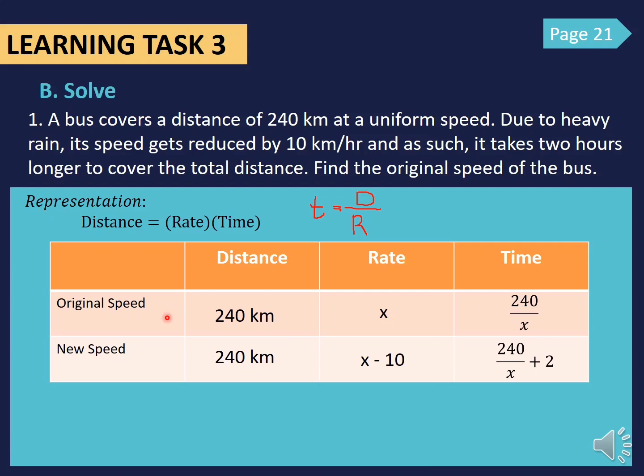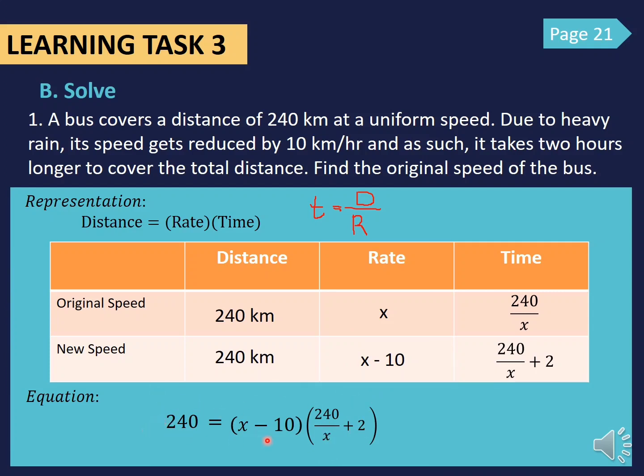Now, let us have our equation. To form an equation, of course, we have to rely on our problem. So, here, we can say that distance is equal to rate times time ng ating new speed. So, 240 is equal to x minus 10 times 240 over x plus 2. That is, distance is equal to rate times time.